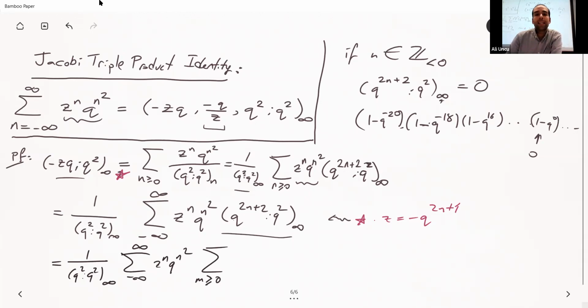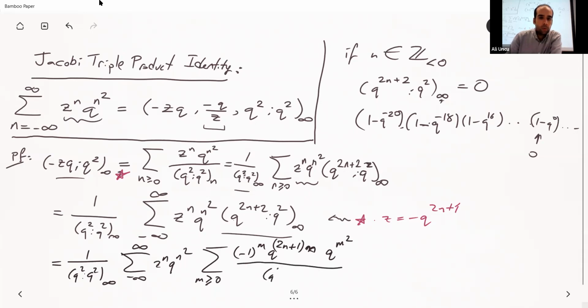Now, instead of z, I have a negative q to the 2n plus 1, negative 1 to the m, q to the 2n plus 1 times m, that is the z to the m. This is an m. And the q to the m to the power 2. Right? That part doesn't change.